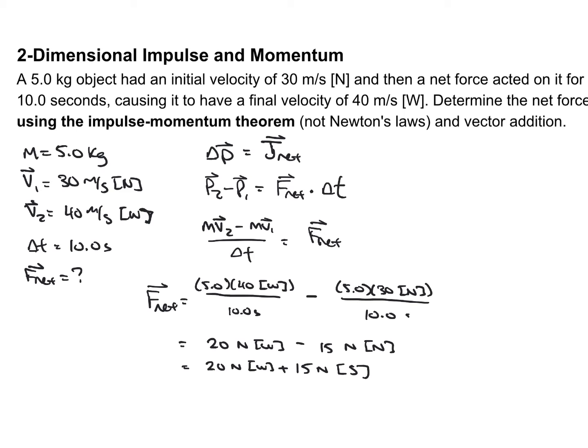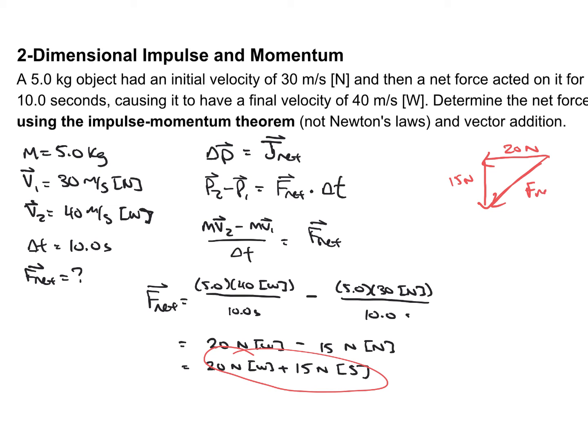So with that, I will draw a triangle out of it. Let's make that a bit more horizontal if I can. That's 20 newtons west, followed by 15 newtons south. We go tip to tail. And what I'm looking for is the hypotenuse there.